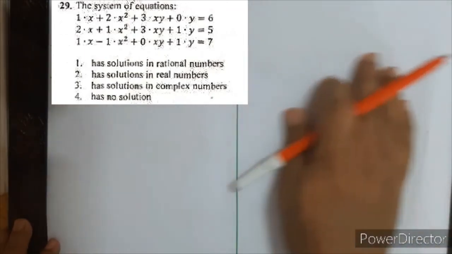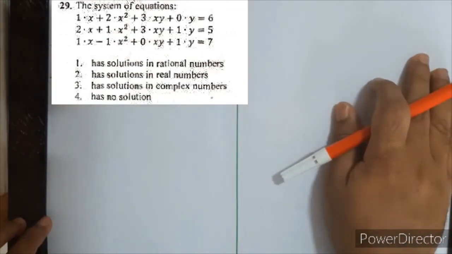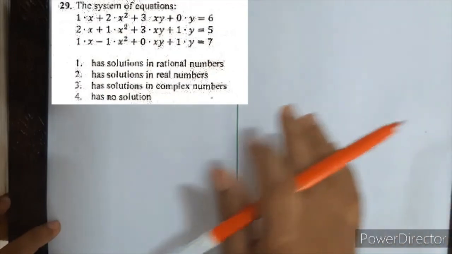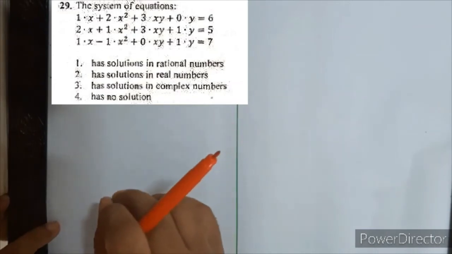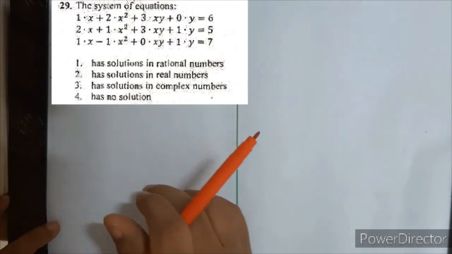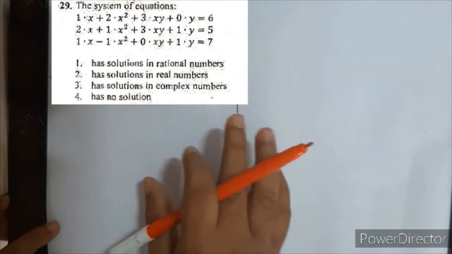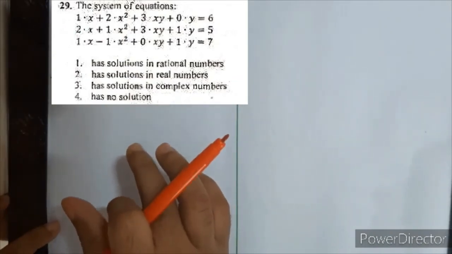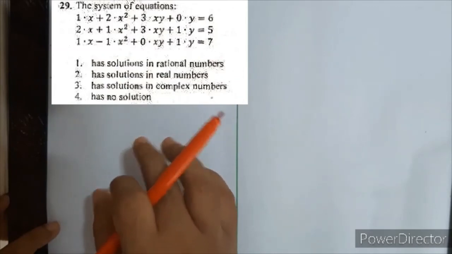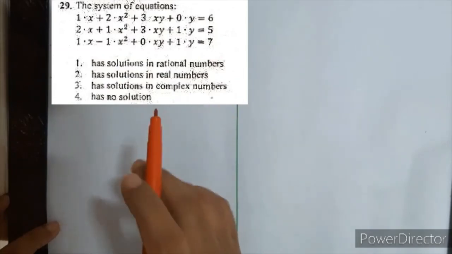So this is a system of non-linear equations. We already know how to solve systems of linear equations, but here they are non-linear. So we want to use some tricks, because this is a B part section question, so we want to solve it within minutes.